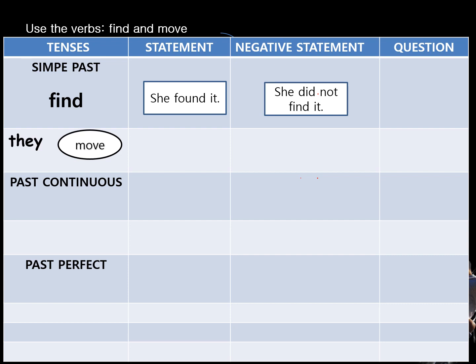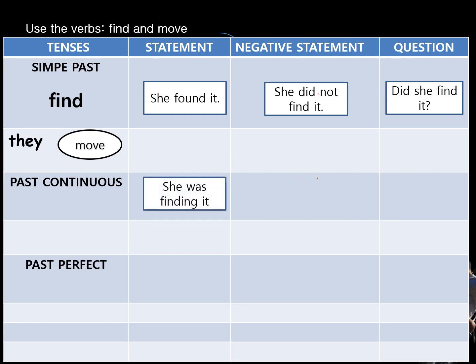Why? Because you already used did in that sentence, so that already shows that the verb is in the past. Let's move on to the question form. So we say, did she find it? You just interchange the subject and the auxiliary verb did. Let's move on to past continuous.